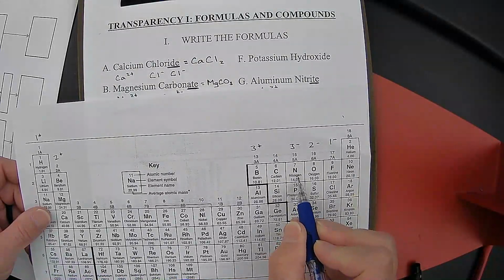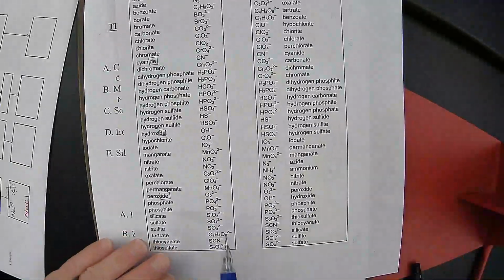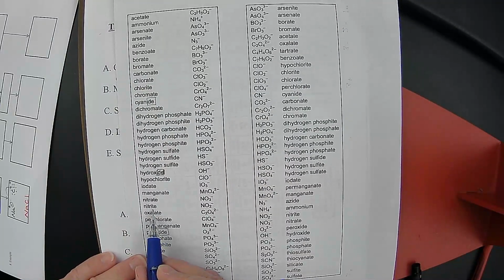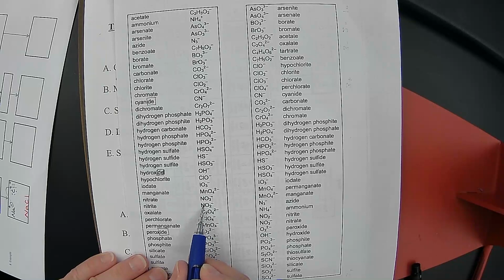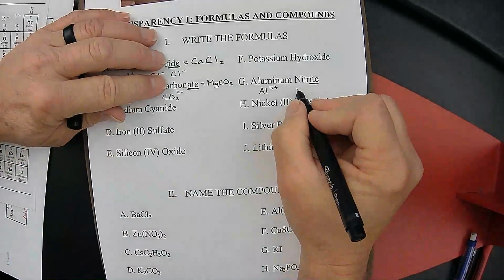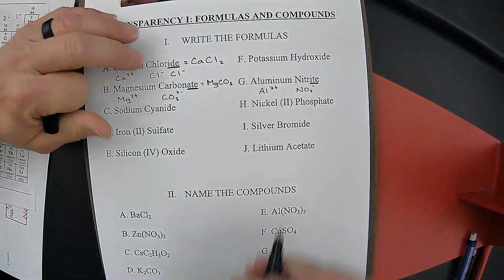Nitrogen would be nitride, not nitrite. Because it's nitrite, we look on the back side of our periodic table, and nitrite is NO2, 1 N and 2 O's, a group of NO2 with a 1 minus charge.